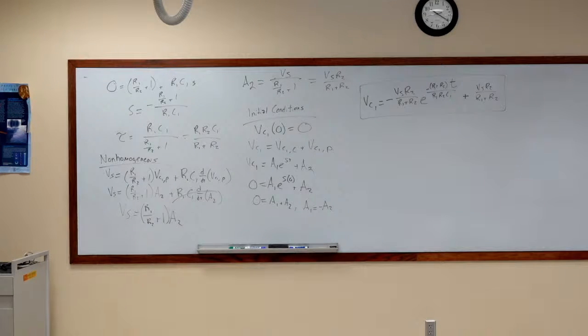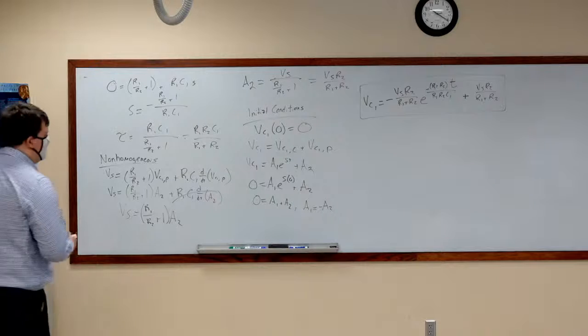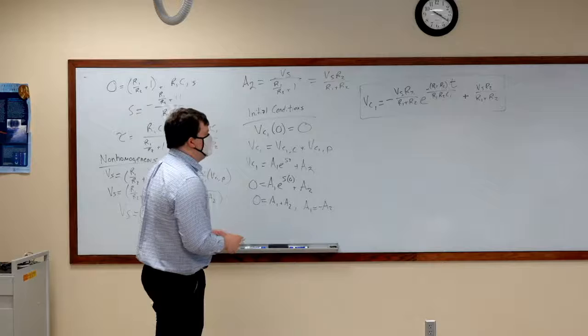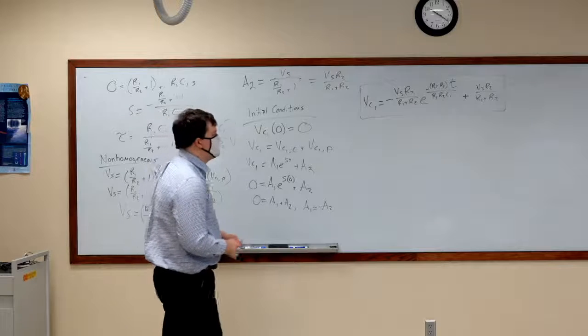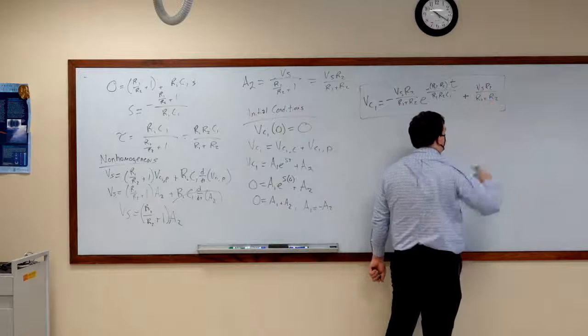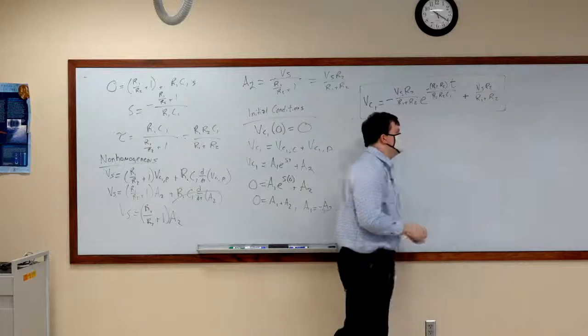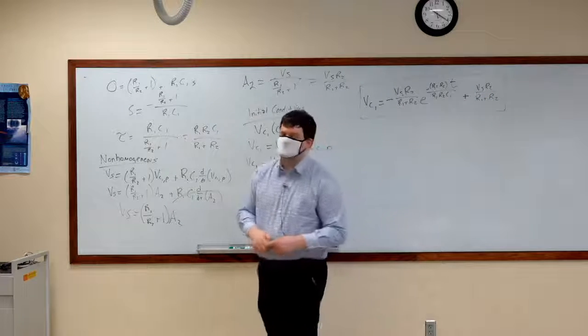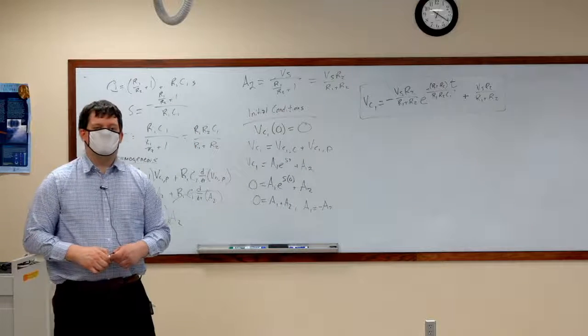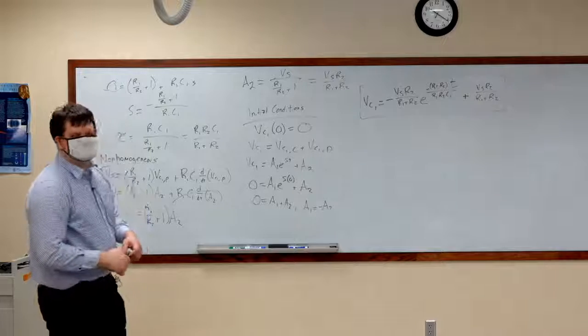If you plot that, the absolute largest value you can possibly get is Vs R2 divided by R1 plus R2. Vs times 500 divided by 1500, which is 1/3 of Vs, which means the maximum value of C1 is about 6 volts.